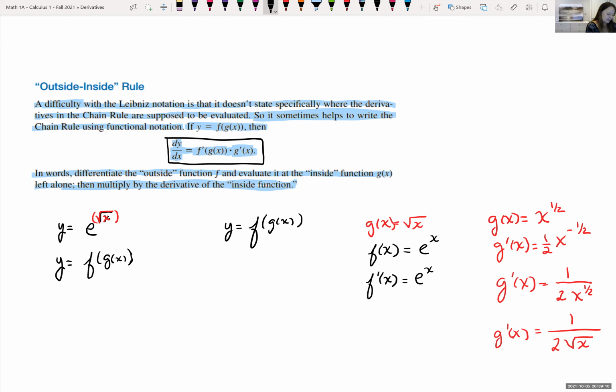So if we write this out, dy/dx, the derivative of y with respect to x, is f prime of g of x times g prime of x.